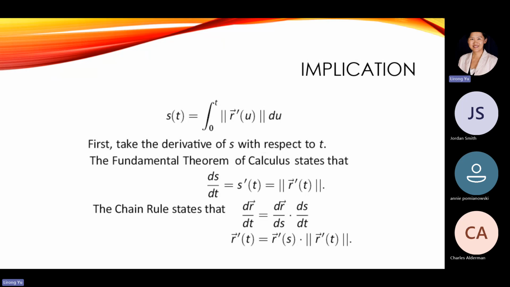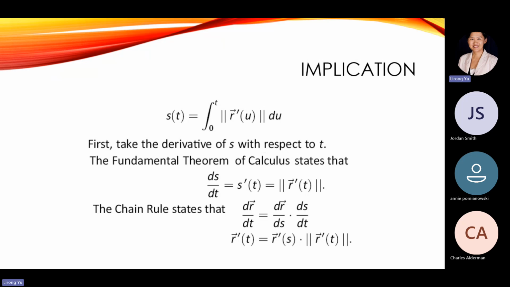So that's why s prime(t), the derivative of s, is the magnitude of r prime(t). That's exactly what we have inside the definition of s(t). So now we have the derivative of the arclength parameter.